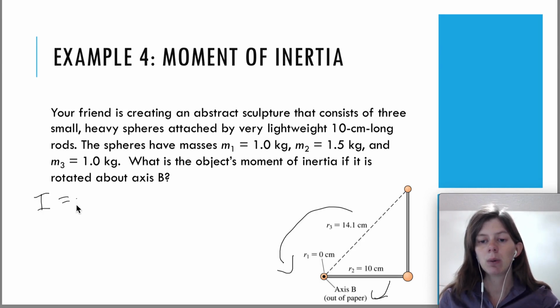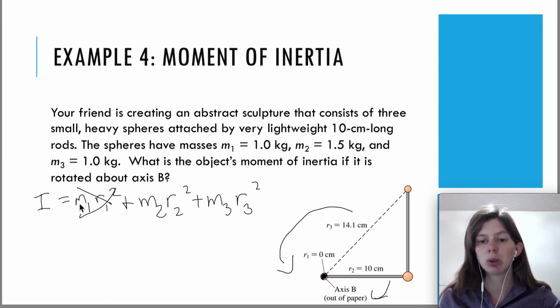I equals m1 r1 squared plus m2 r2 squared plus m3 r3 squared. And then plug in the numbers. Now this problem has already done some of the math for us for r3 here, we'll get to it in just a second. So r1 is still 0 because mass 1 is still at the location of that axis of rotation.